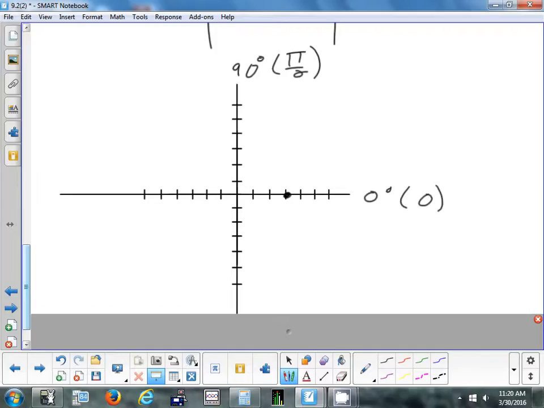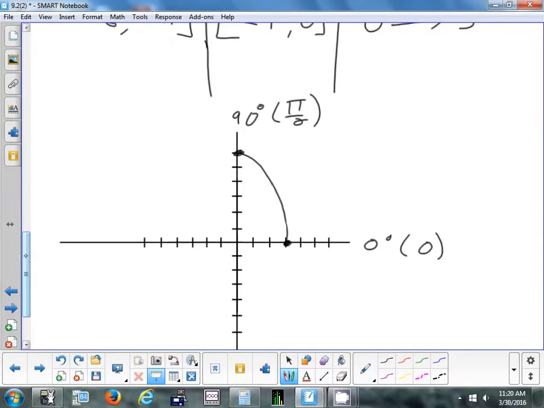What's it end at? 6. And we need to connect those 2 points. But they're not connected straight. Okay, it's going to curve kind of like this. So the radius, as your angle starts to get bigger and bigger, let's see what's happening to your radius. The radius is getting longer and longer. Okay. Now, what happens to my radius in the 90 to 180 section?